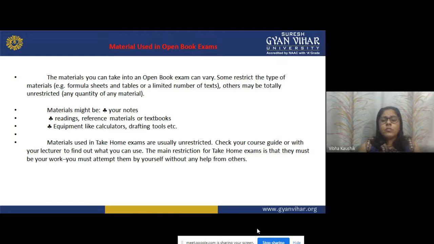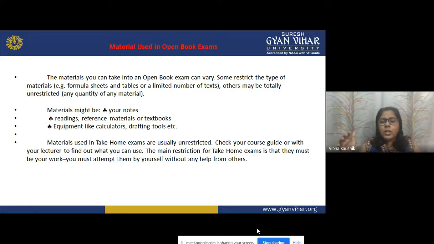The main restriction for a take home exam is that it must be your own work. You must attempt it by yourself without any help from others. The main purpose of the take-home exam is that you are allowed to take the exam without the help of other people.